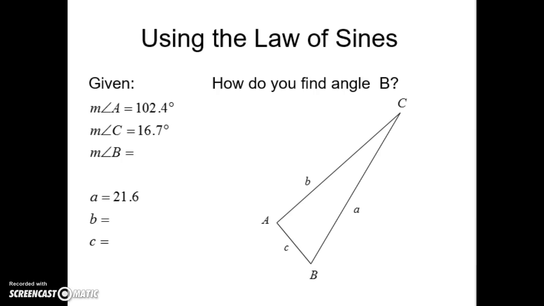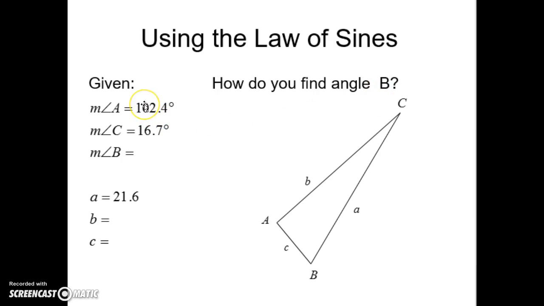So let's work an example. Again, I want to say this is going to be in degree measure. So if I'm given the angle measures of two angles in my triangle and one side length, and then I'm asked to find something that's missing, then I'm going to use those values and set up a ratio using the law of sines to solve for the unknown. Here the unknown is an angle measure.